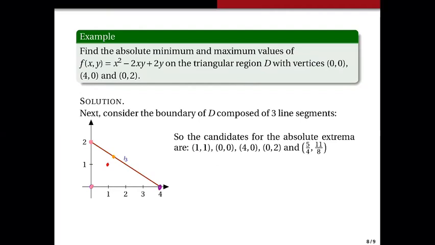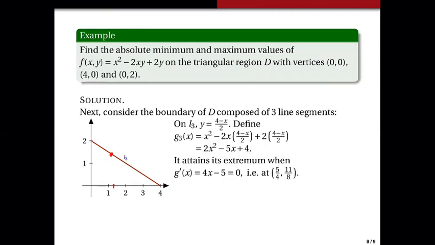Okay, so there's a question: how did you get the 11/8? Let us go back to this. So you got your 5/4. You substitute this 5/4 in this equation, in which equation here? In this equation here, the value of y. Let's see.